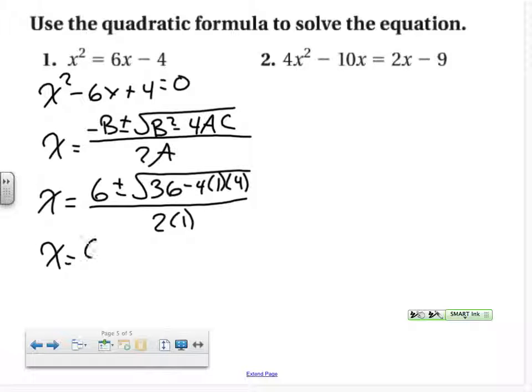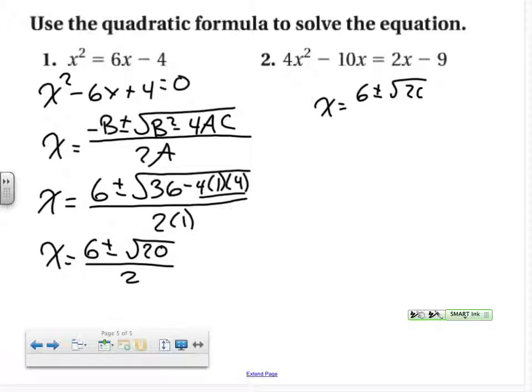All right, so we got 6 plus or minus our value underneath the square root. This is 16. 36 minus 16 is 20 over 2. So x equals 6 plus or minus the square root of 20 over 2.